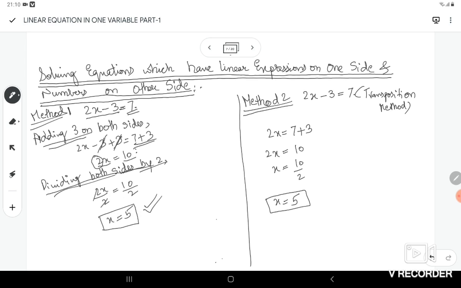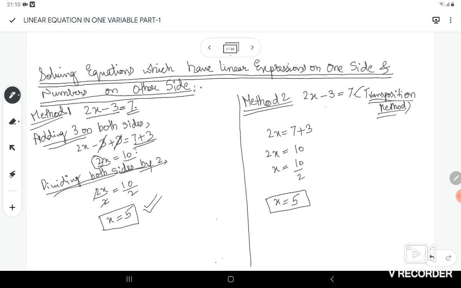Now we are going to solve using the second method, which is known as the transposition method, in which we move the constants from the left hand side towards the right hand side or from the right hand side towards the left hand side. One more thing is, when we move the constant from left to right or right to left, the sign gets changed.